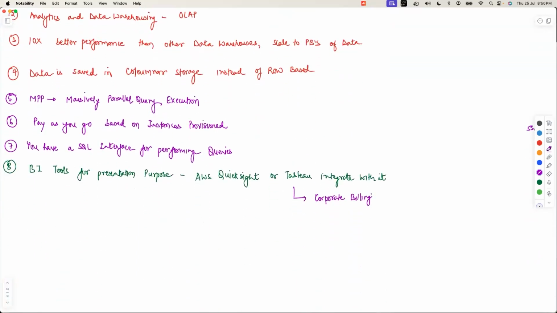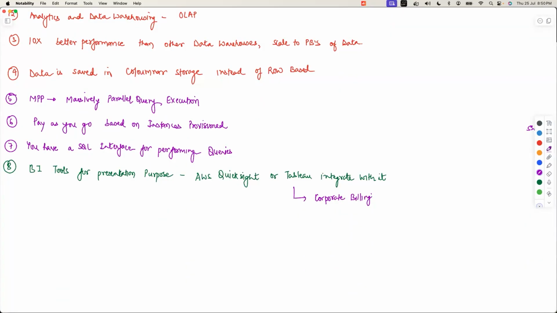Now in case you are using Redshift, when data is coming to Redshift, there can be multiple options from where the data is coming to this service.